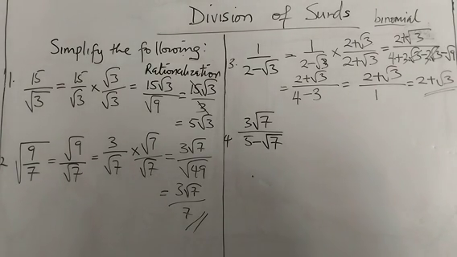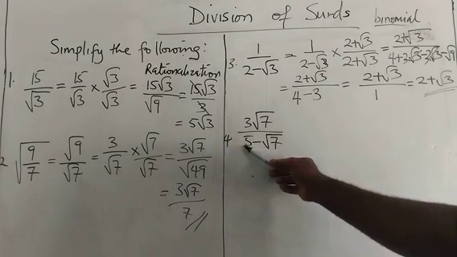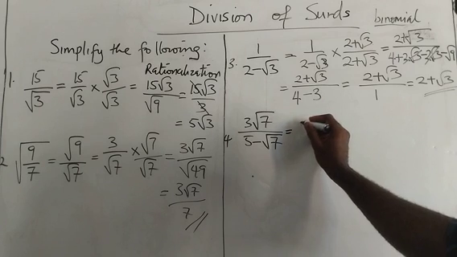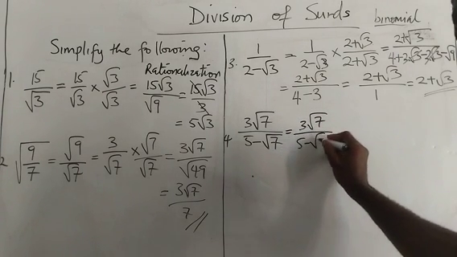Going to the last one, which is 3 root 7 all over 5 minus root 7. Simplifying it, we'll have 3 root 7 over 5 minus root 7.